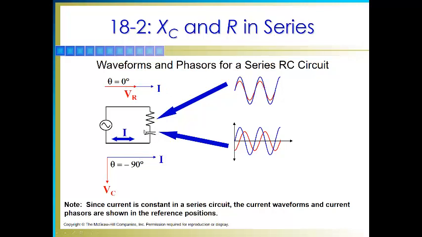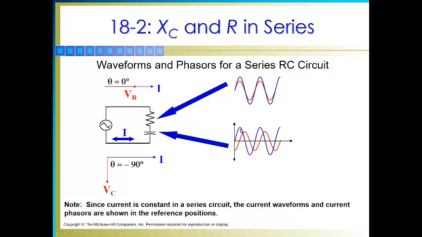Voltage and current on the capacitor, however, as you can see right here, are 90 degrees out of phase. Because the voltage lags the current, we say that the angle between them is negative 90 degrees if we measure from here down this way. This is the current right here. As you can see, the current is always leading the voltage. The voltage is behind. When the current is at 0, the voltage is at its negative value.